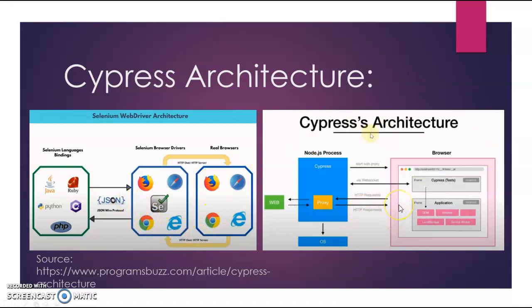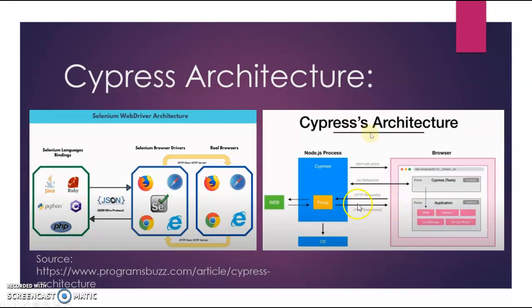So let's come back to the architecture of Cypress. Cypress sits in a browser. As you can see, we have iframes, the first one for Cypress tests, and the second one for the application. Cypress connects to Node.js using a proxy.